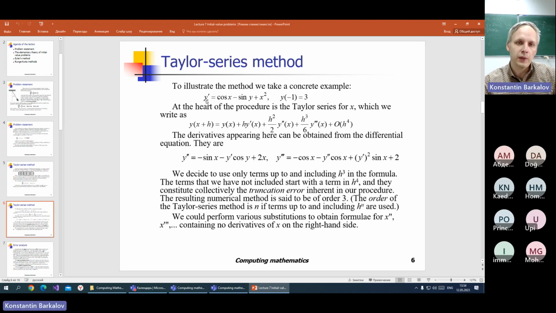Suppose that y prime equals cosine x minus sine y plus x squared. This is the equation. Y of minus 1 equals 3. This is the initial condition.